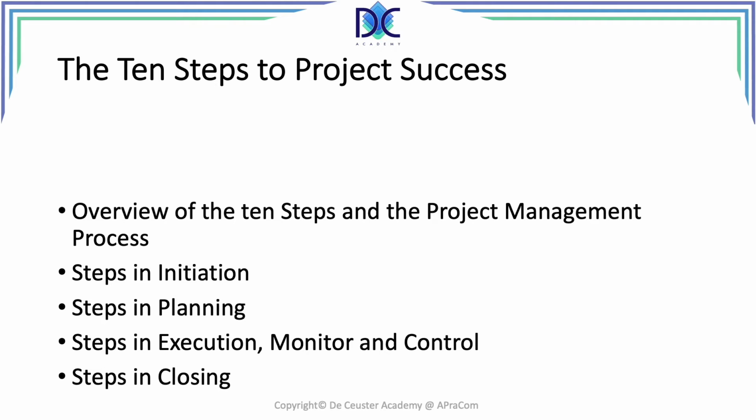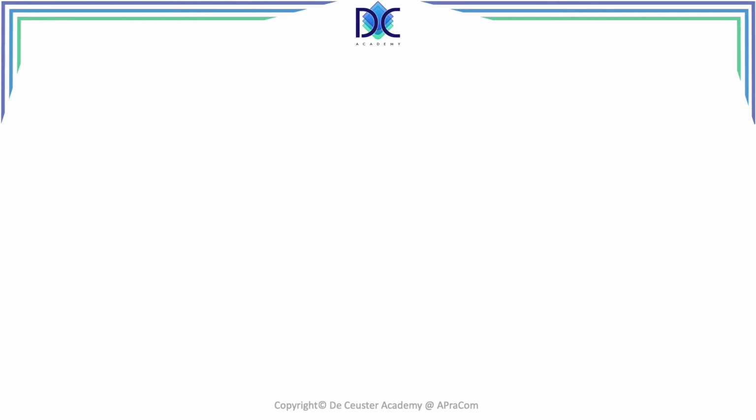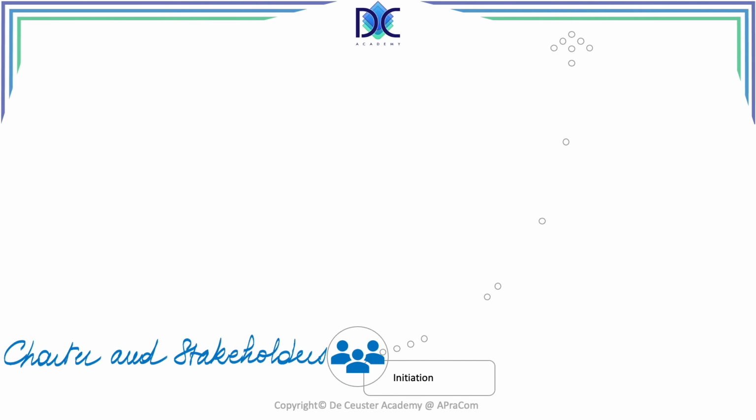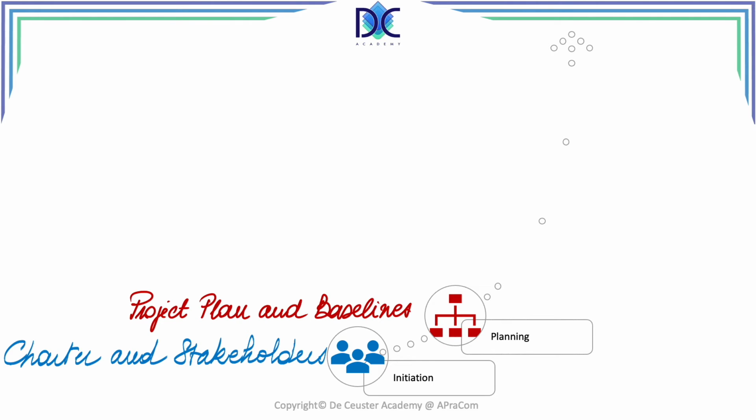using those 10 steps. We look at the steps in initiation, the steps in planning, in execution, monitor, and control, and then finally in closing. In total, I selected 10 steps. Let's have a look. First element that we have is the initiation, and here we look at charter and stakeholders. In planning, we look at the project plan and the baselines.